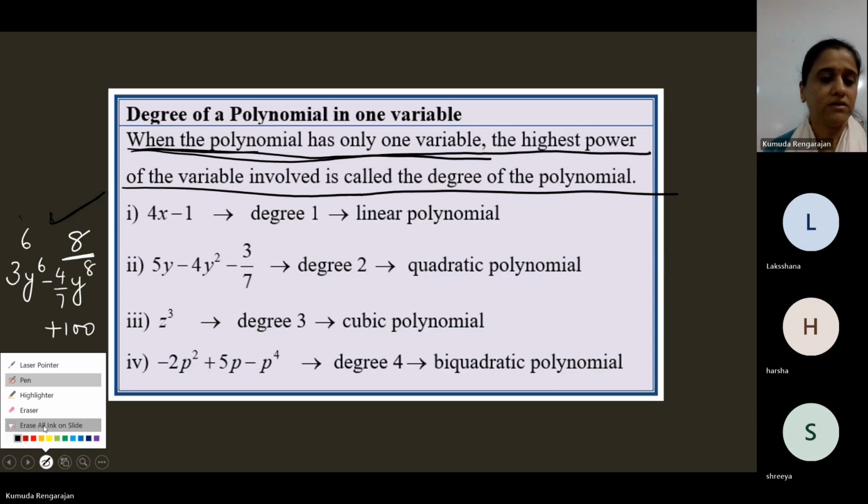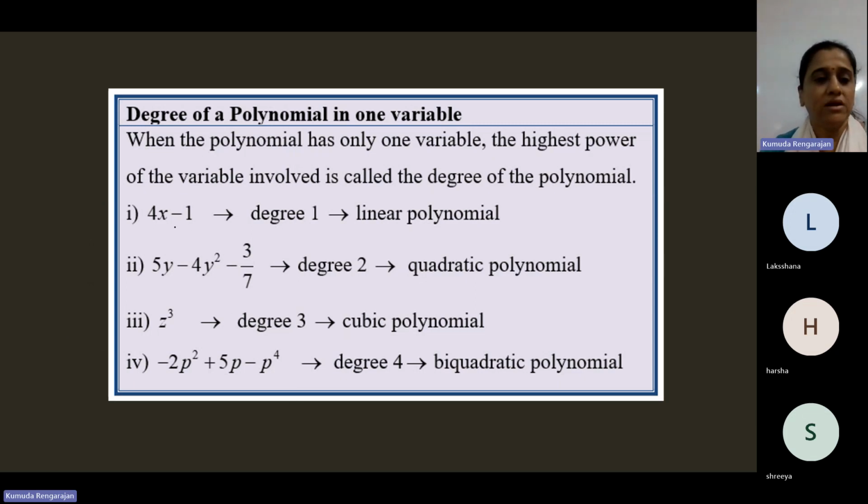Now let's see these examples. 4x minus 1 is a polynomial. In the first term, you see the variable x, and its power is 1. In the second term, you don't see any variable there.